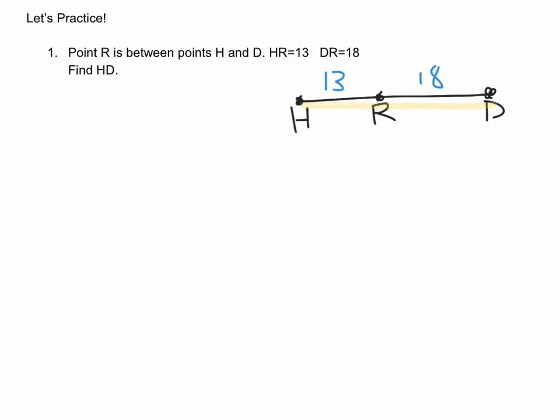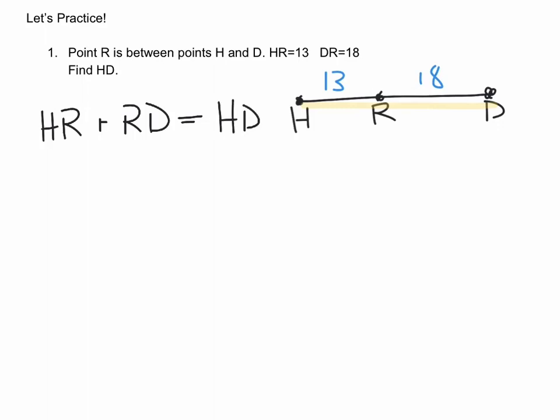So we're just going to do exactly what we just learned a minute ago. So we know that the length of that first segment, HR, added to the length of that second segment, the length of RD, is going to give us the length of the whole thing, the length of HD.